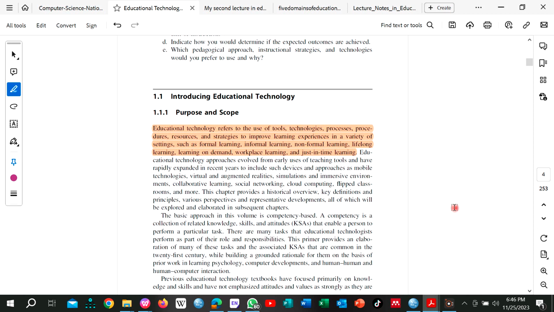But even before all this, we had education technology. So I expect you in our next class to give me a historical overview, and also give me key definitions, principles, and perspectives of the developments of technology right from the earliest times.